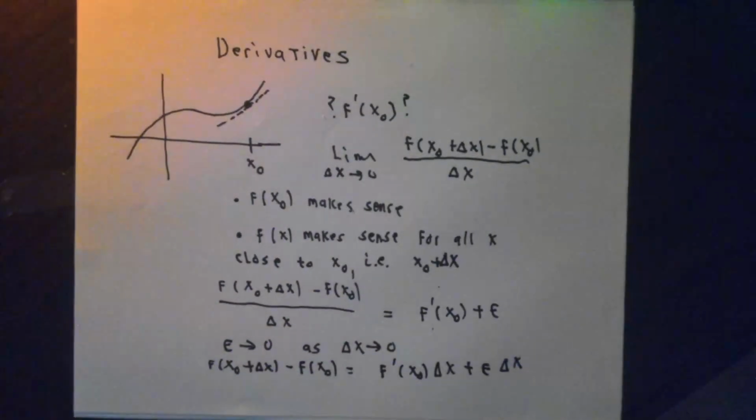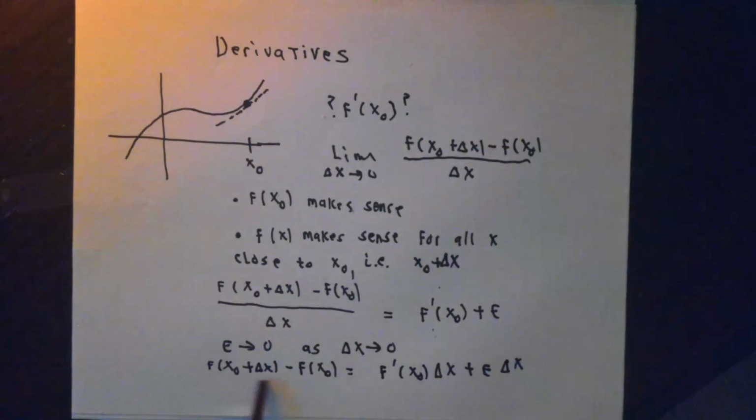You can rewrite this as the actual difference in function value is this number f prime at x0 times delta x plus epsilon times delta x, where epsilon tends to 0 as delta x tends to 0.